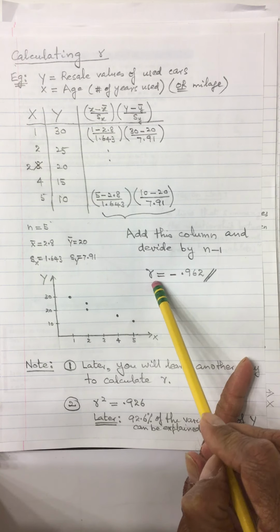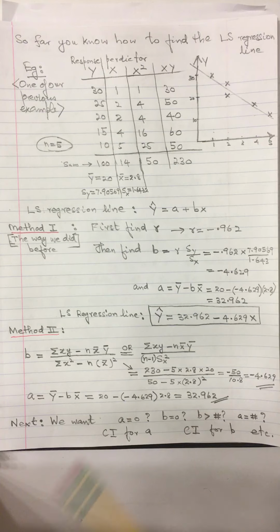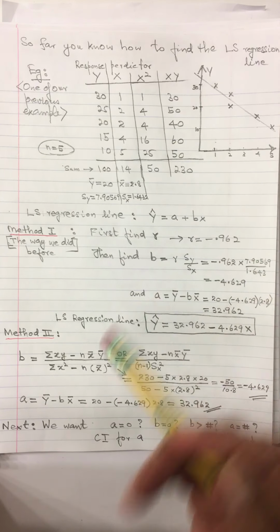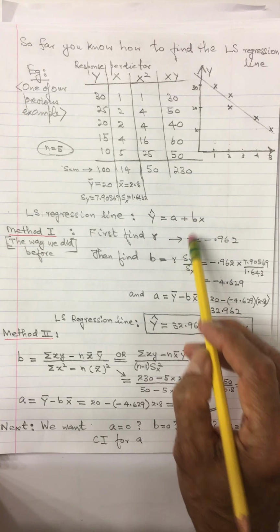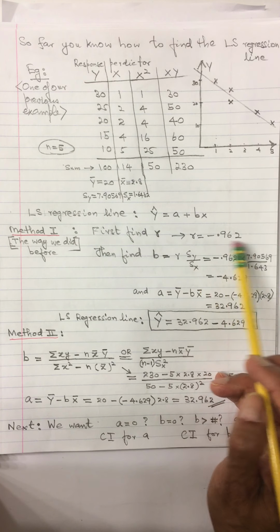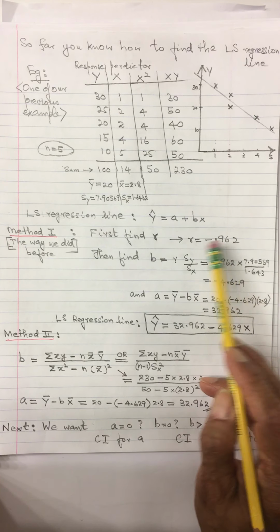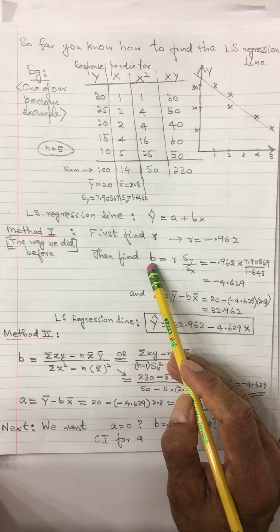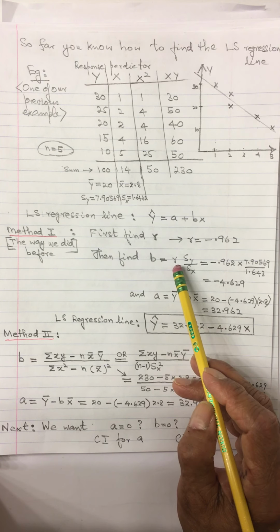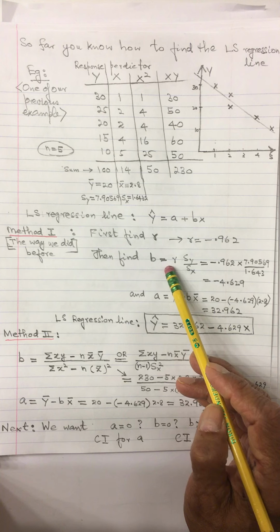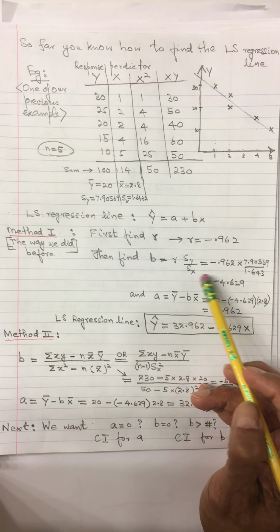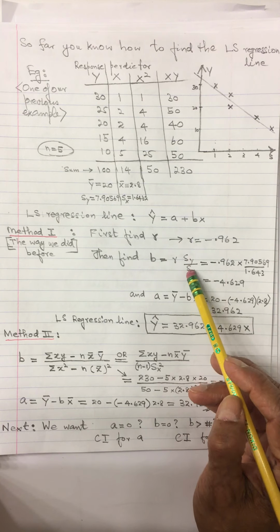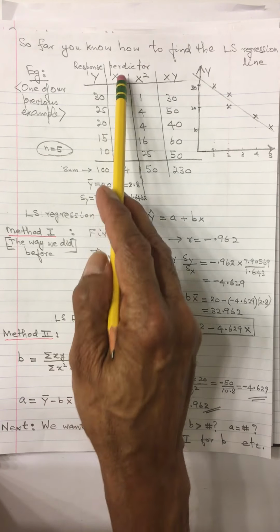Then we use the R value to figure out the estimated slope as well as the estimated intercept. So once you figure out the R, the slope is going to be R times Sy divided by Sx. You need to figure out those two values for this data and this data.